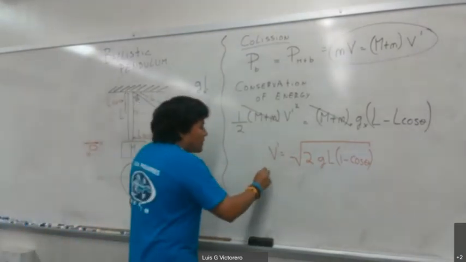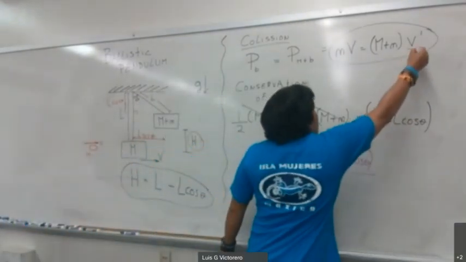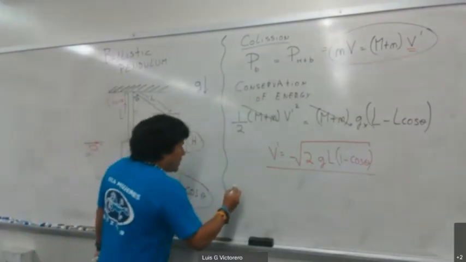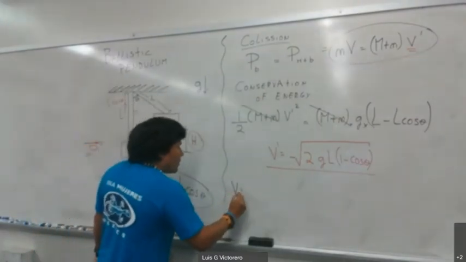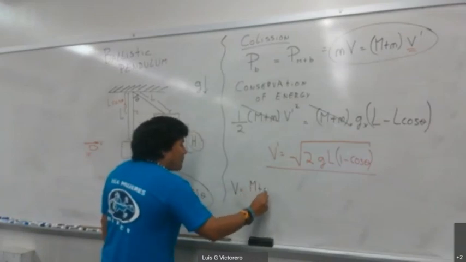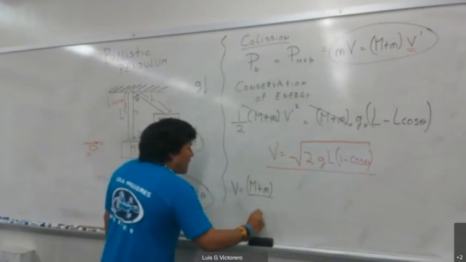So now I put this. If I do my algebra, v of the bullet before the collision is m plus little m divided by little m times the square root term.